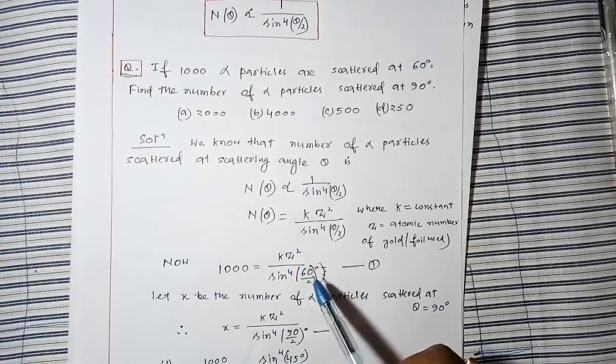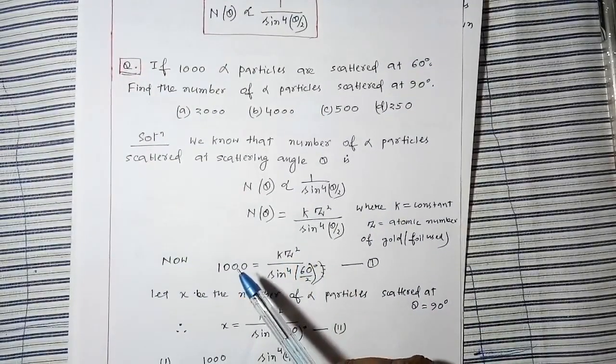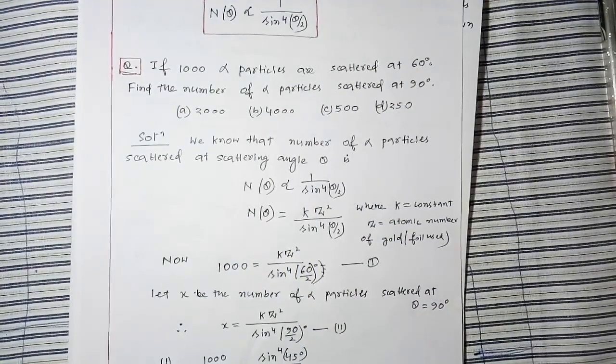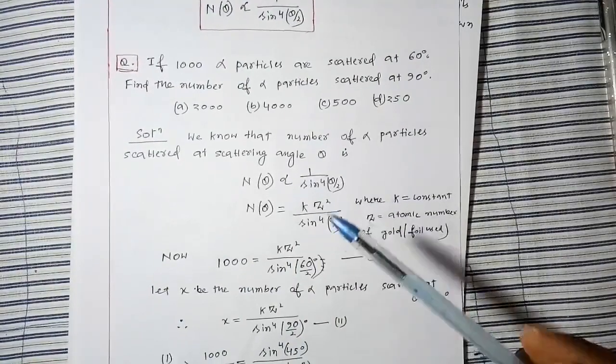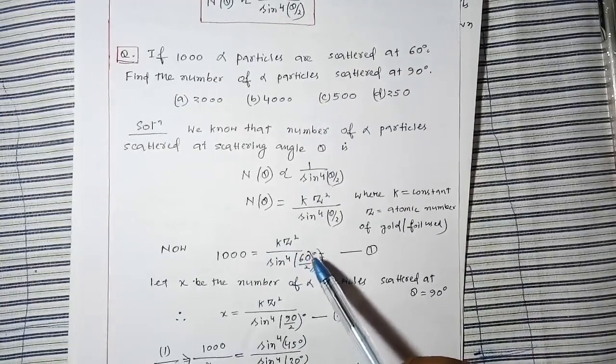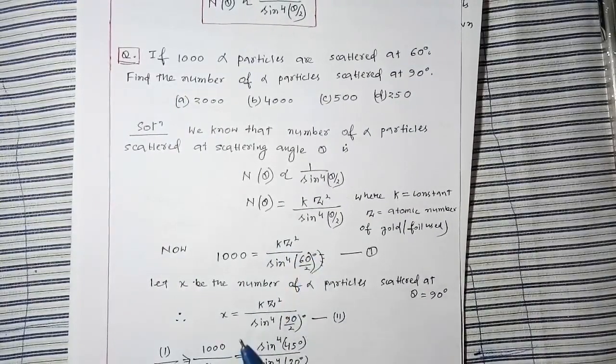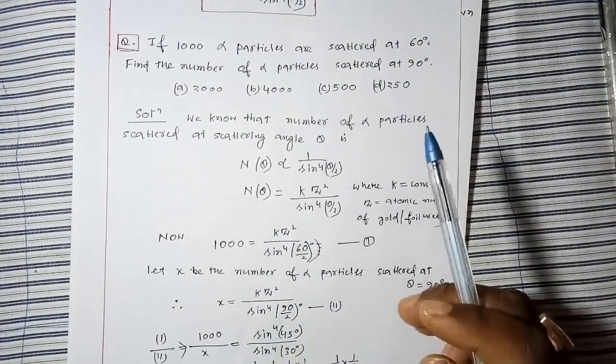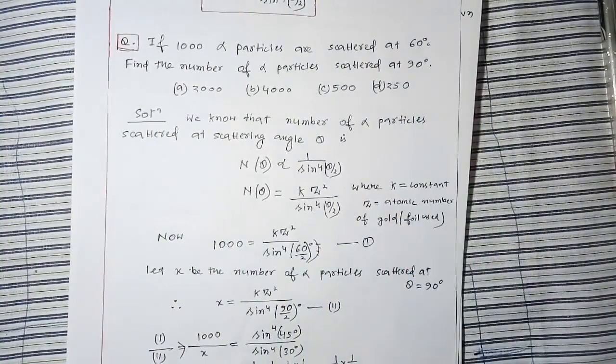Now for the scattering angle 60 degrees, the number of alpha particles is 1000, because 1000 alpha particles are scattered at 60 degrees. So by using this formula we can write 1000 equal to KZ square by sine to the power 4 of 60 by 2 degrees. Am I right? Now you have to find the number of alpha particles scattered at 90 degrees.